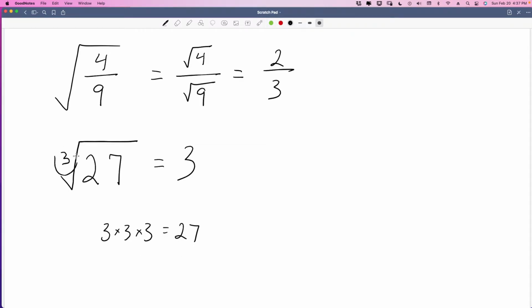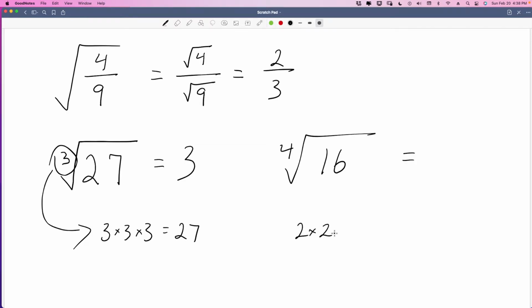And we wanted 3 of those, right? So here you go. So let's see, what's another one? 4th root of 16. We know that 2 times 2 times 2 times 2 is equal to 16. We needed 4 identical factors, so the answer to that is 2.